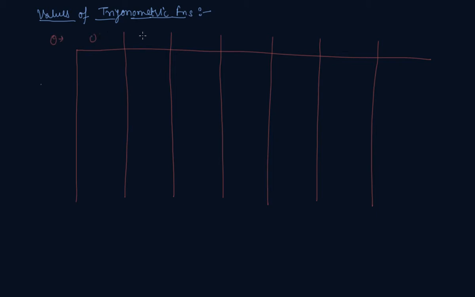Theta: 0, 30, 45, 60, 90, 180, 270, and again 360. Okay, so you can write 0 as 0, 30 as pi by 6, 45 as pi by 4, 60 as pi by 3, 90 as pi by 2. This is pi, this is 3 pi by 2, and this is 2 pi.